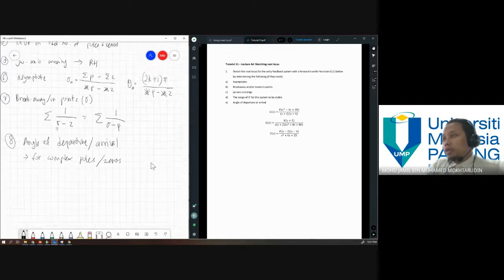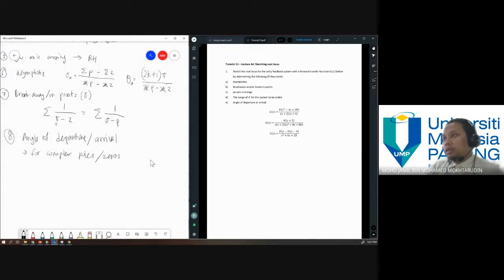So the formula is angle equals angles of poles minus angles of zeros plus 180 degrees, or angles of zeros minus angles of poles. Okay, I think this one is for arrival, this one is for departure.